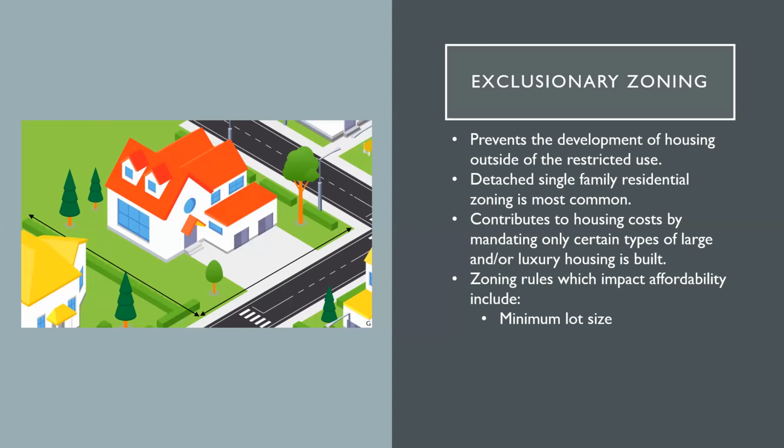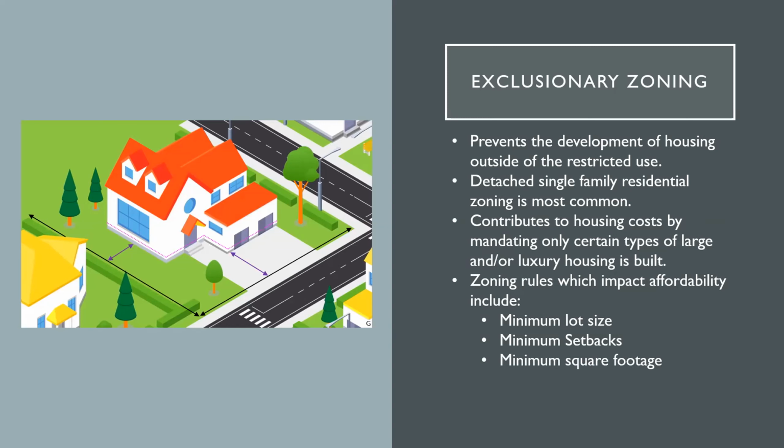Most cities maintain minimum lot sizes, which prevent increased density by mandating that lots in various zones must be of a certain size. Cities also establish minimum setbacks, which again prevent more dense housing by requiring that buildings be built a certain distance from the property line. These are frequently combined with minimum square footage, which means that it is illegal to build smaller, more affordable starter homes, even if they meet other criteria.